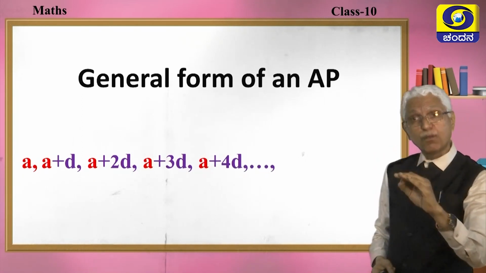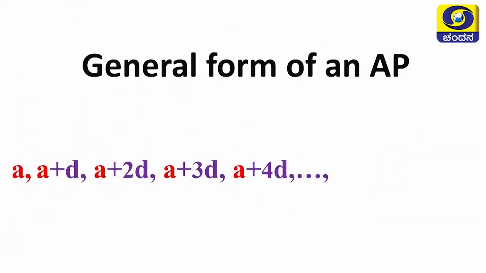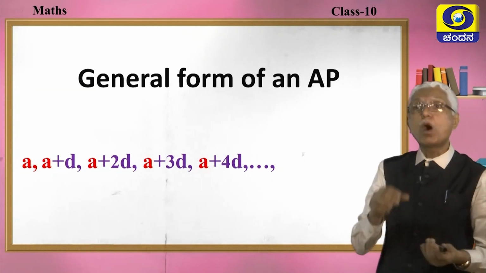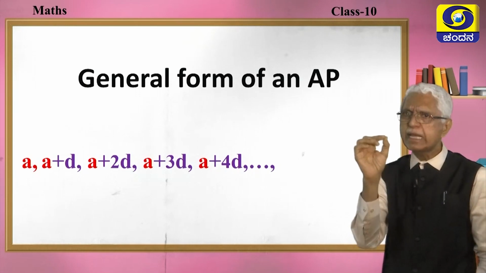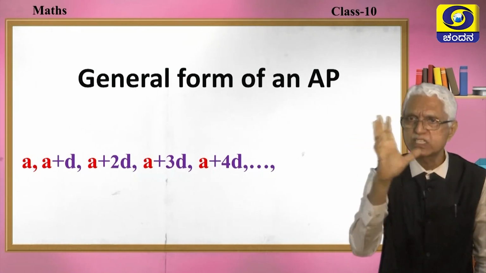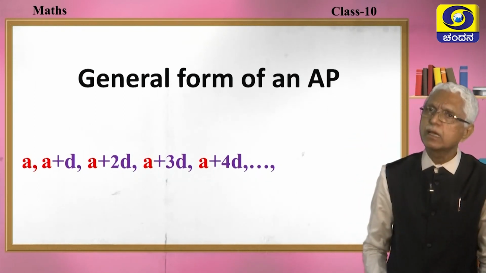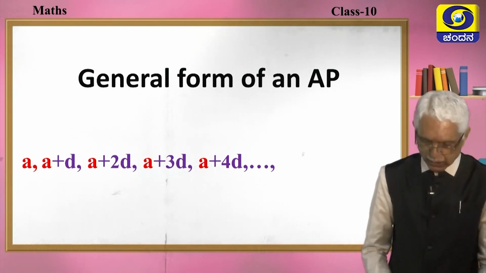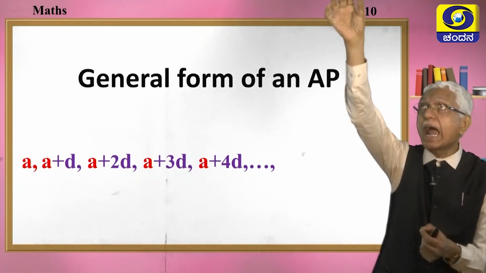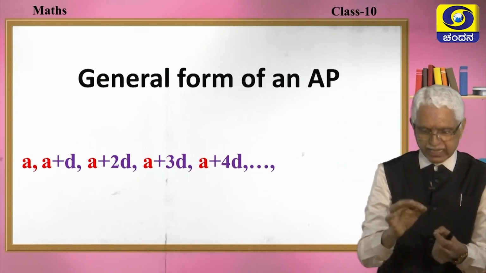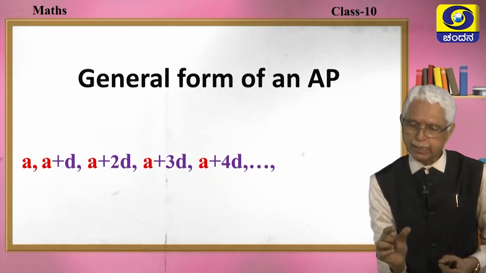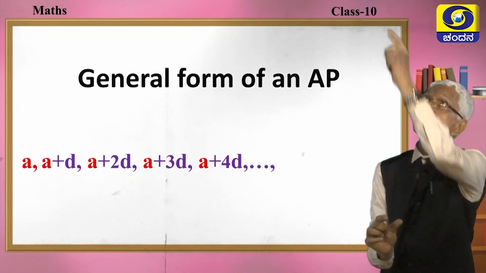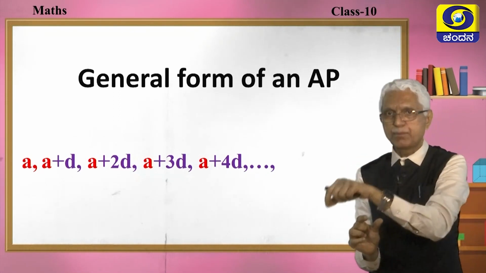Before we arrive at the formula, let us see what will be the general form of an arithmetic progression. Any arithmetic progression, you have to start with the first number, call it A. First term is denoted by A. To A, what will you do? You will add the common difference, A plus D, that is the second term. How will you get the third term? Add plus D, A plus 2D.